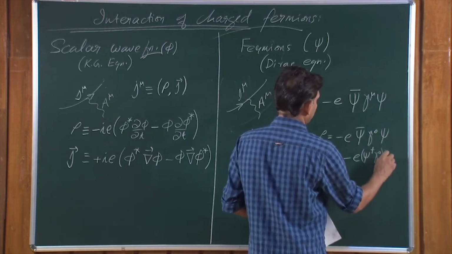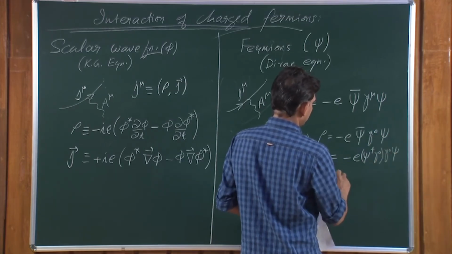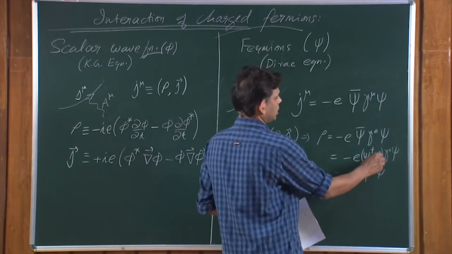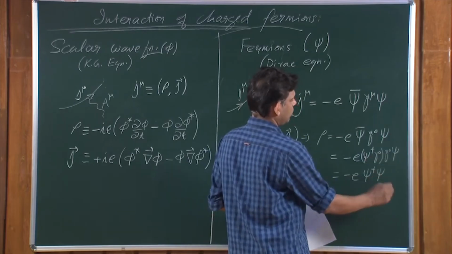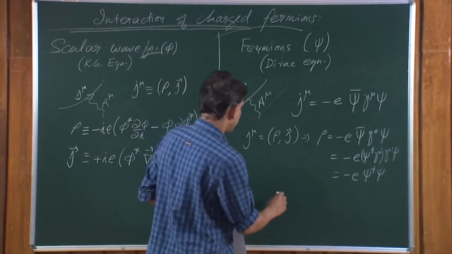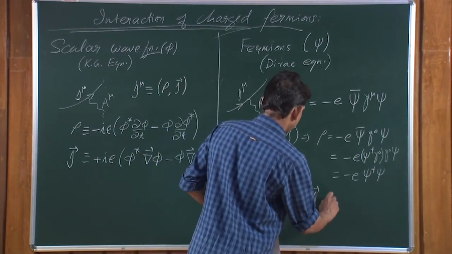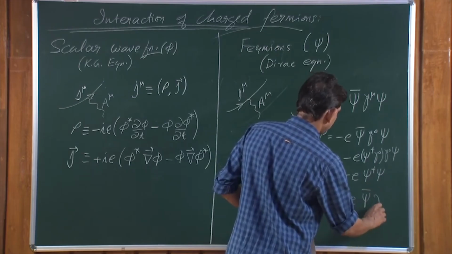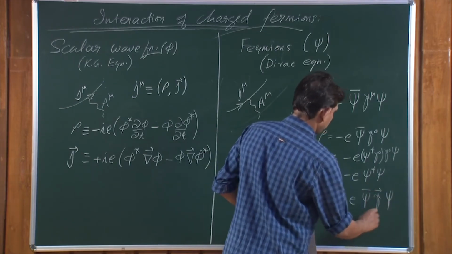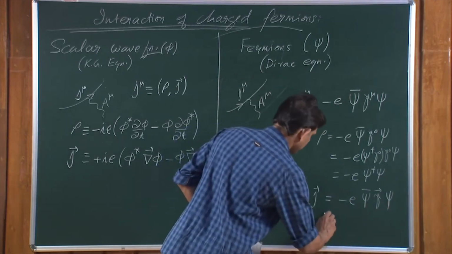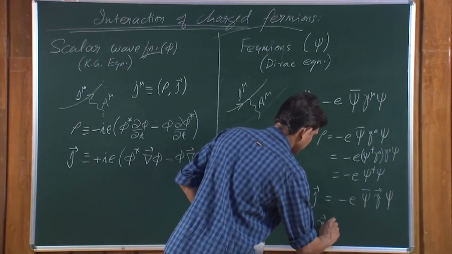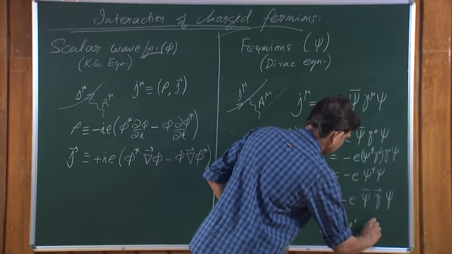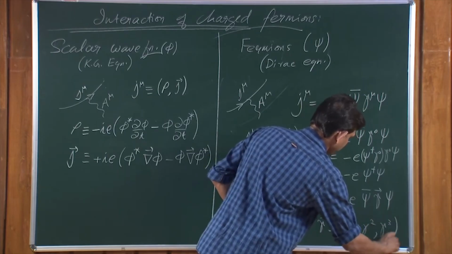And then there is another gamma 0 psi, which is equal to minus E psi dagger psi, since gamma 0 square is equal to 1. J is equal to minus E psi bar gamma vector psi. When I say gamma vector, it is basically defined as gamma 1, gamma 2 and gamma 3.